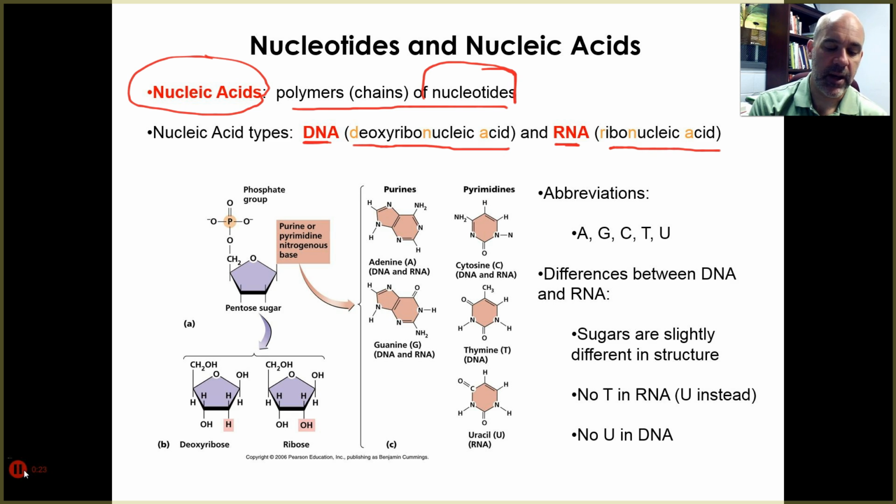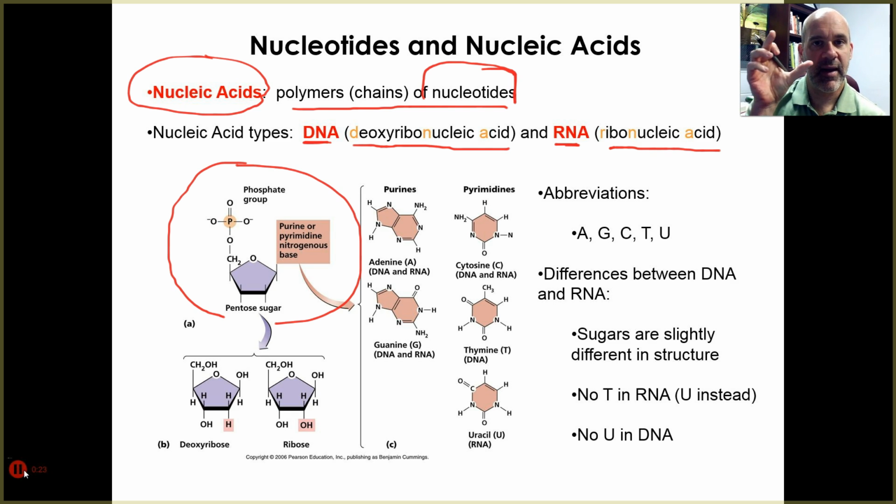And speaking of that, here is a generic nucleotide. All right, so we reviewed this in Chapter 1. A nucleotide is a building block of DNA or RNA, and a nucleotide itself can be divided up into 3 sections. One is the nitrogenous base, or the nitrogen-containing base.